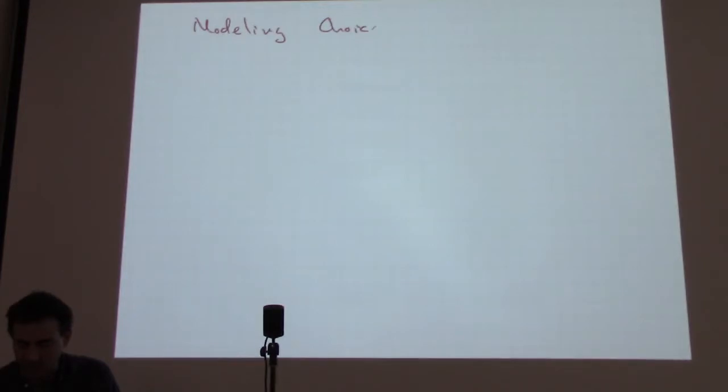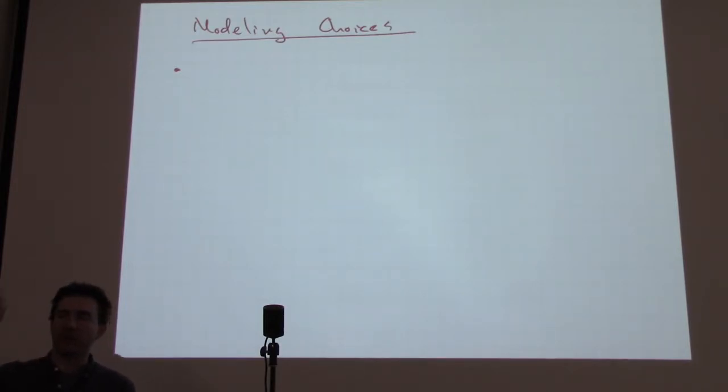All right. Okay. So we started asking about these things, but there were a bunch of questions you asked already. But I just want to highlight what were some of the modeling choices that we made, or that were implicitly made in the examples I did.